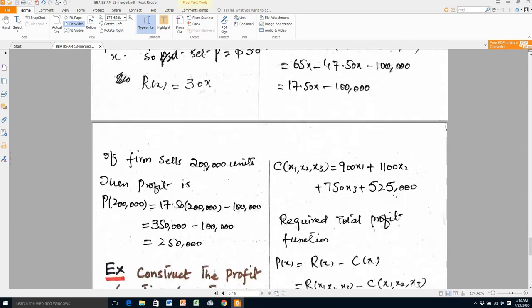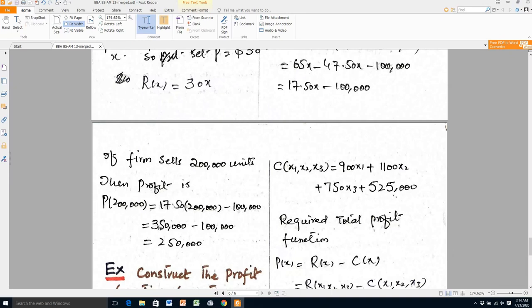If the firm sells 2 lakh units, then the profit is, you substitute x equal to 2 lakh, or you might write here 20,000. So I am writing at this time 2 lakh: 17.50 multiplied by 2 lakh minus 1 lakh.